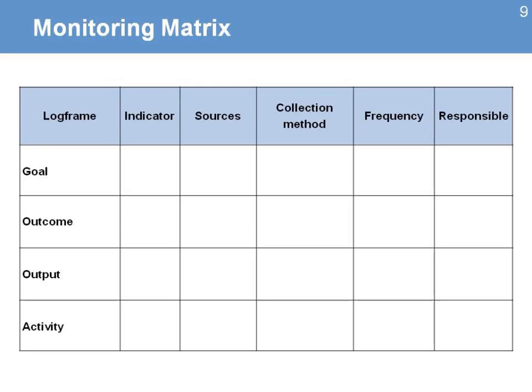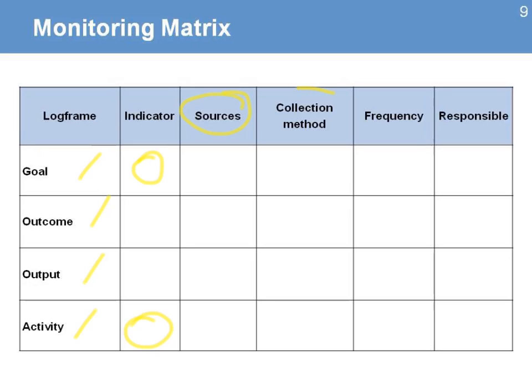When we look at that, we can create a monitoring matrix, where we have all the different levels that are coming from our log frame. We can use the information of the indicators, the sources for that information, who is providing that. Using the example before, training people, the source for information, how many people completed the training at the level of activity, can be the reports from the teacher or the institution where they took the courses.